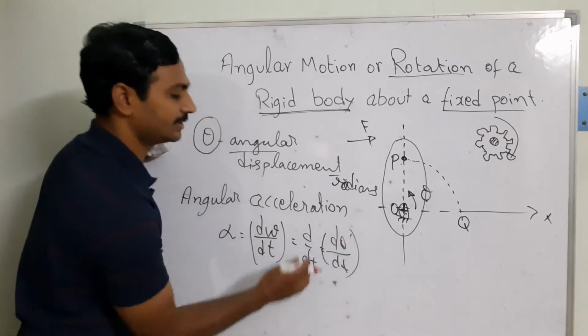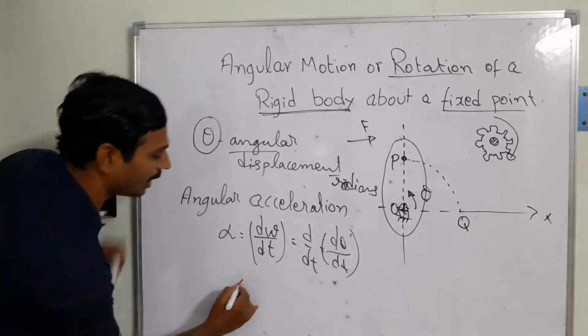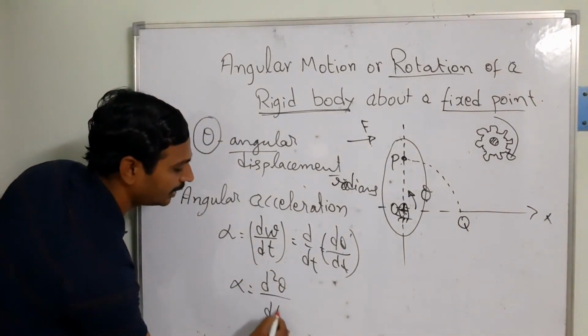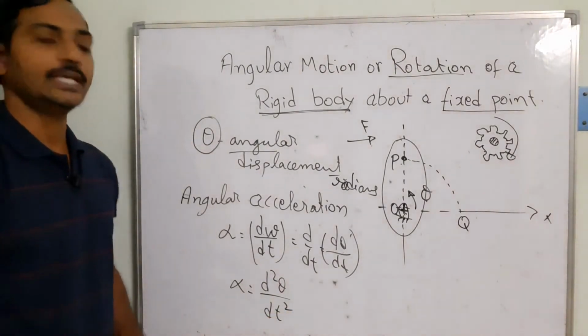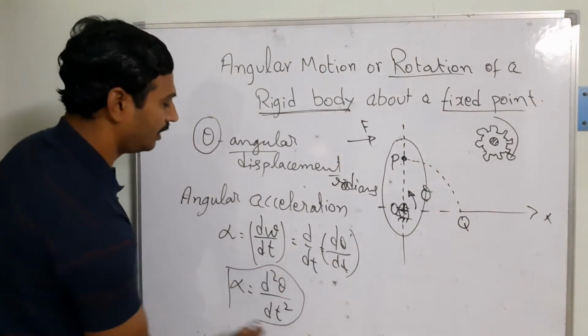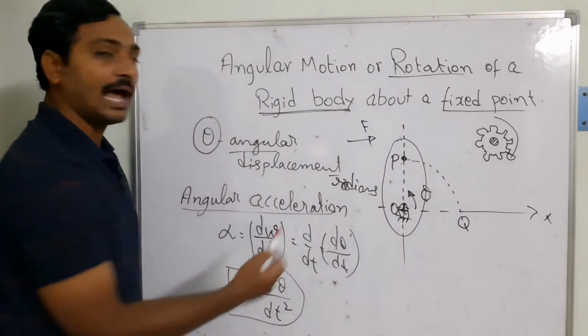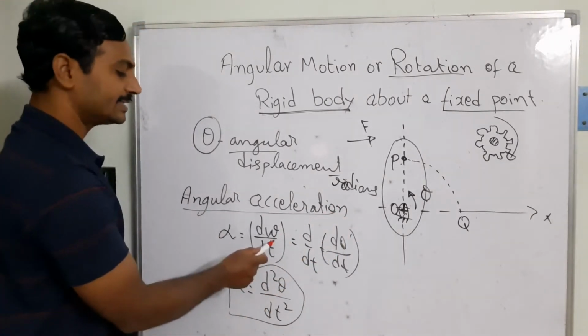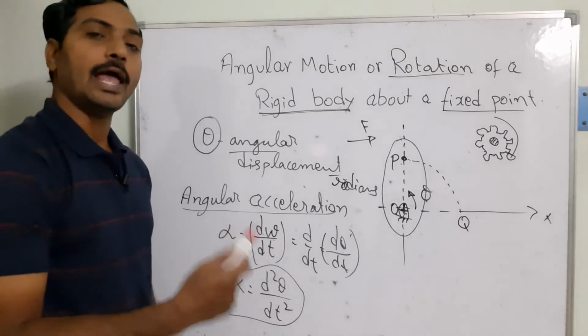So the final equation for alpha is d square theta by dt square. This is the simplification of angular acceleration defined in terms of angular displacement; earlier I defined it in terms of angular velocity.